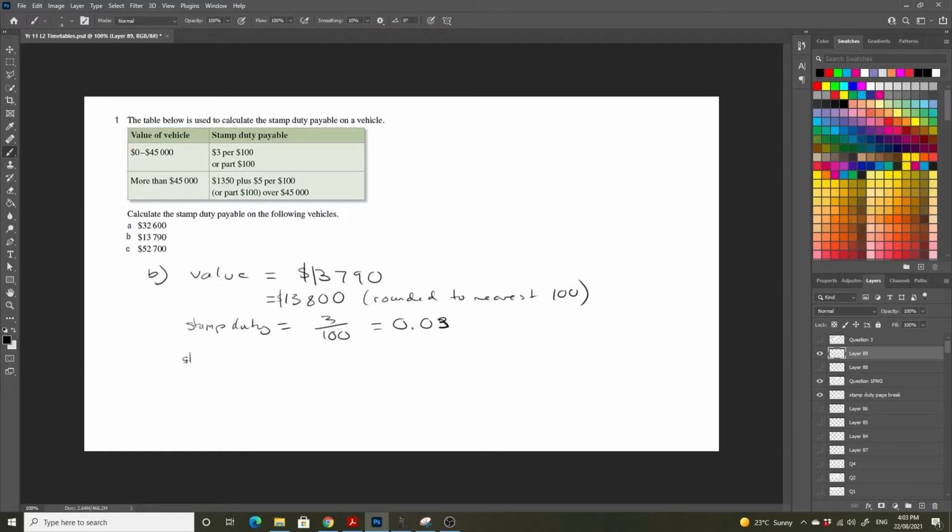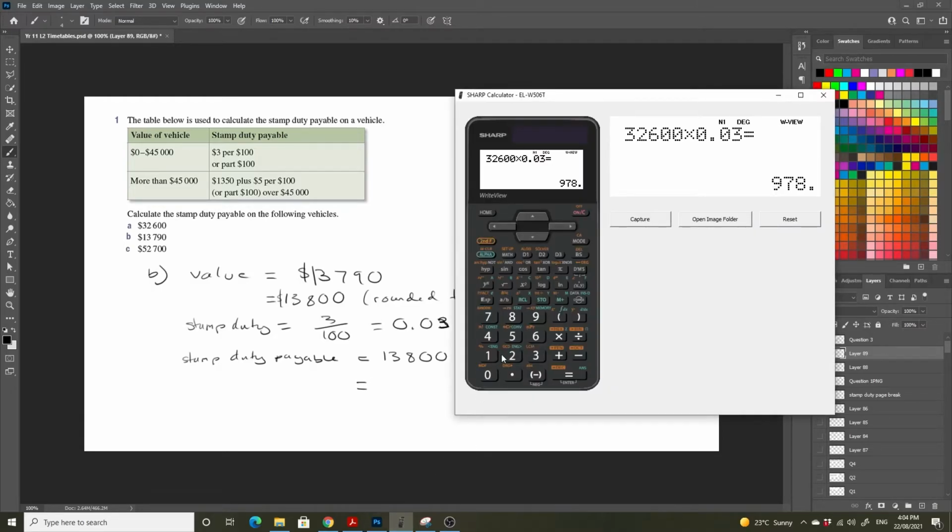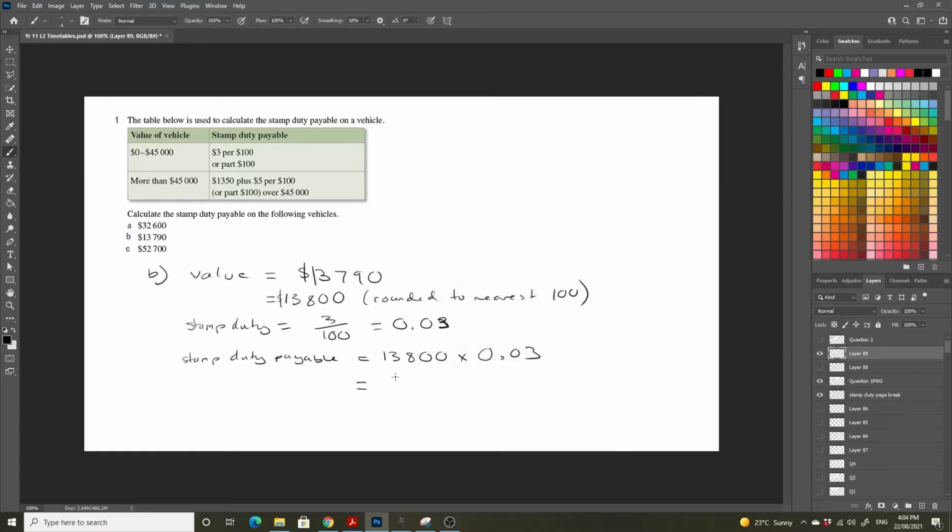Our stamp duty payable is going to be equal to the value of our car, adjusted and rounded up, which is $13,800 times 0.03. $414 is our stamp duty.